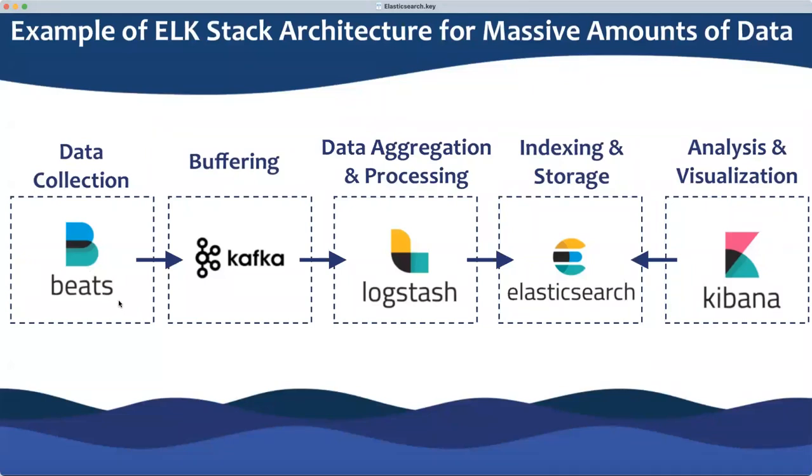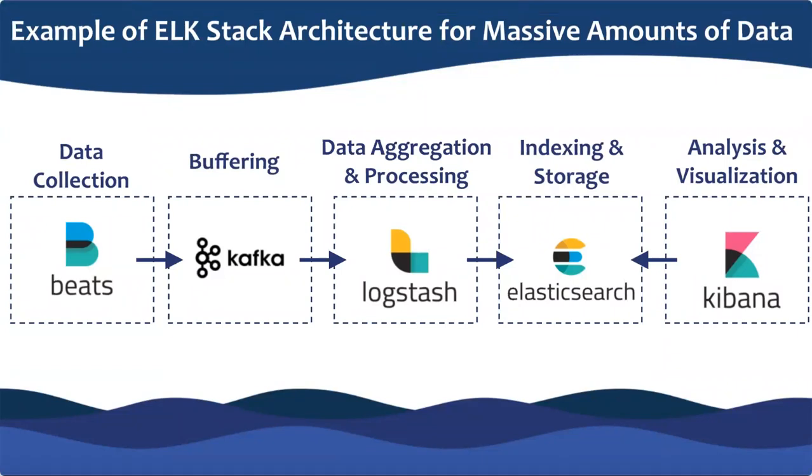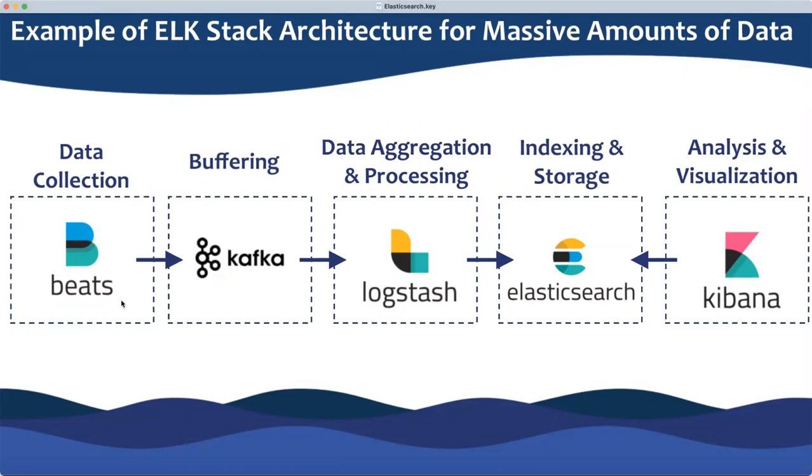Think of it as a daemon, an agent that is running on that VM, and that VM may have 5 different applications generating logs to 5 different files on the file system. Now Beats is looking at all those 5 files, and for any changes happening to those files, it's propagating messages to Kafka for each of those changes.